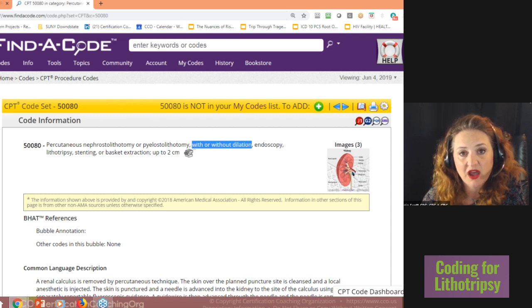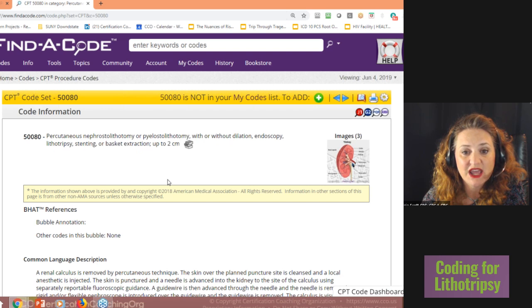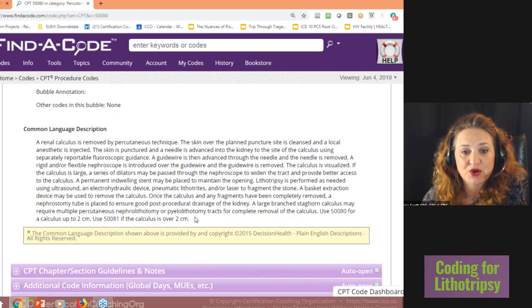Okay, so that's not, we don't care about that. Endoscopy, lithotripsy, stenting, or basket extraction up to 2 centimeters, meaning there is an up to 2 centimeter stone. The difference is if the calculi is over 2 centimeters, then you're going to use 50081.